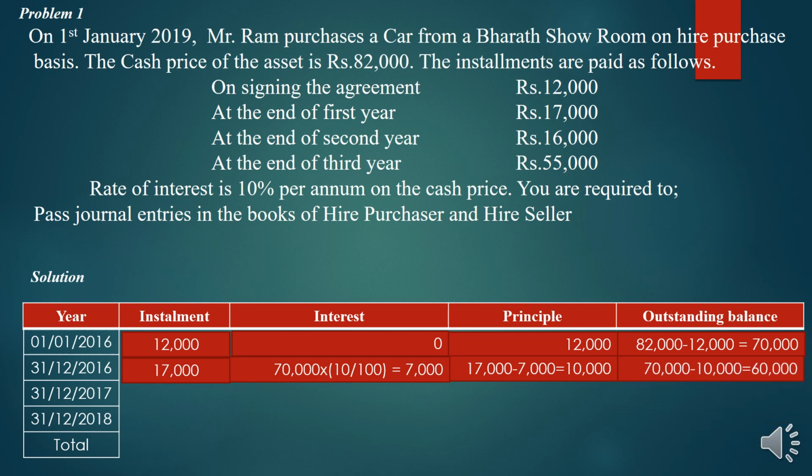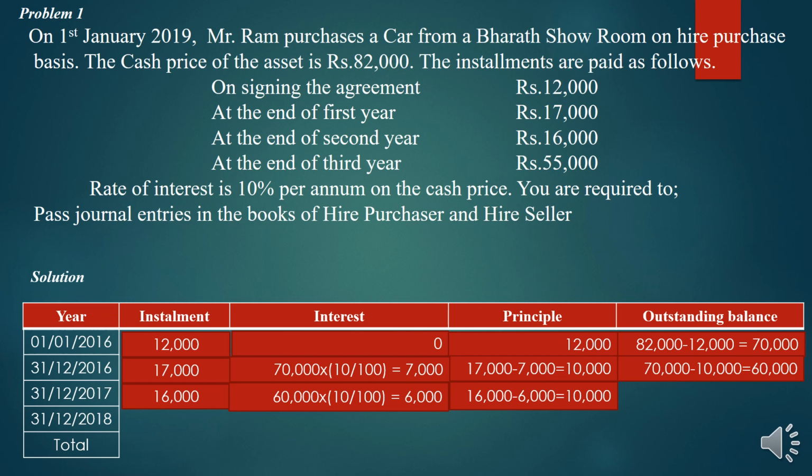Now we'll go to the next installment, 2017. It is 16,000. Interest is calculated on the outstanding balance, which on that day is 60,000. So the amount of interest is 6,000. Hence the principal amount is 16,000 minus 6,000, 10,000.